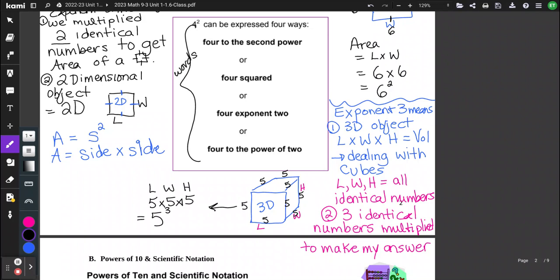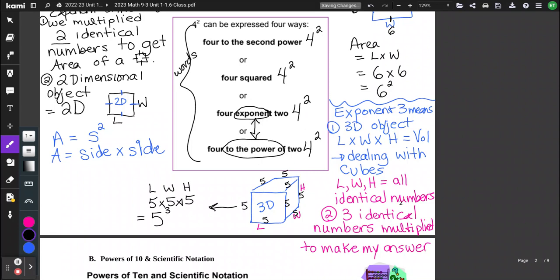So if I had 4 squared, that means I've got the area 4 times 4. So what would I say? I would say 4 to the second power. We know that we could say 4 squared. 4 to the second power means the same thing. 4 with exponent 2, and then 4 to the power of 2. So I would either say exponent or to the power of. These mean the exact same thing.